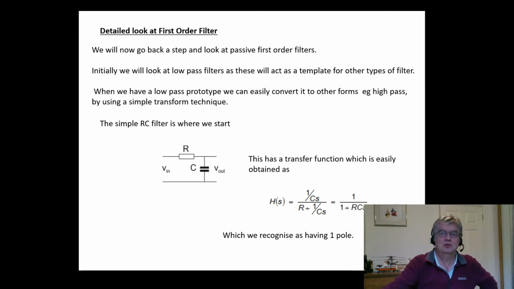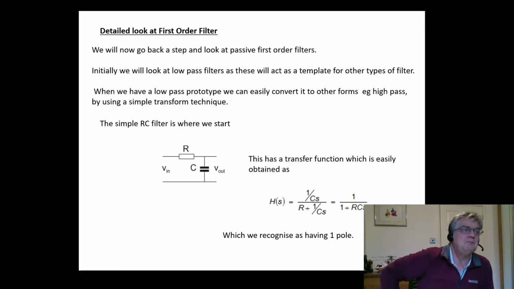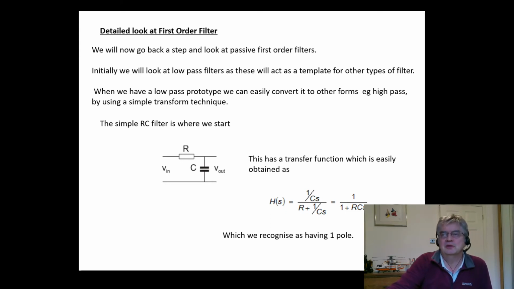Okay, so we started looking at filters last week, and we got to a point where we were looking at a first order filter. So we'll just quickly recap on what's going on.